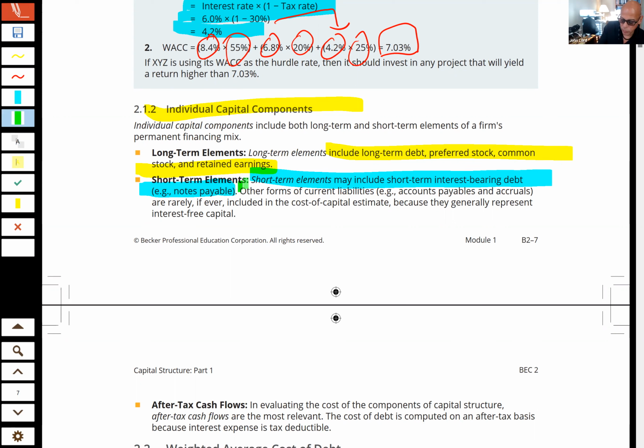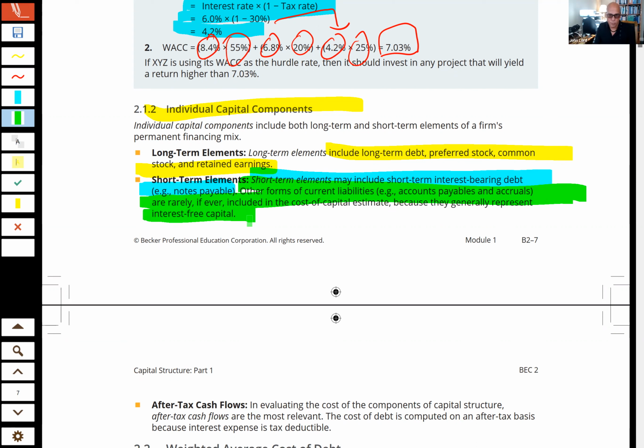interest-bearing type of shorter-term financing, but then there's also, whether we realize it or not, when we're using accounts payable and whatnot, those are actually financing vehicles. They are shorter term and often they do not carry interest with them. Okay. The only thing is be careful. Don't assume that. So you can flashcard that, but then be careful.